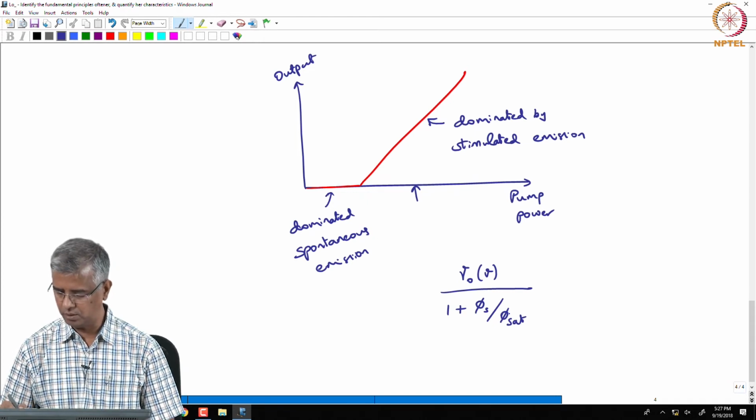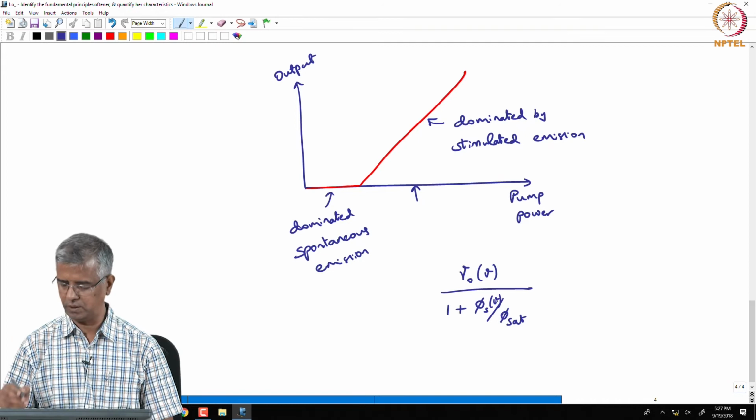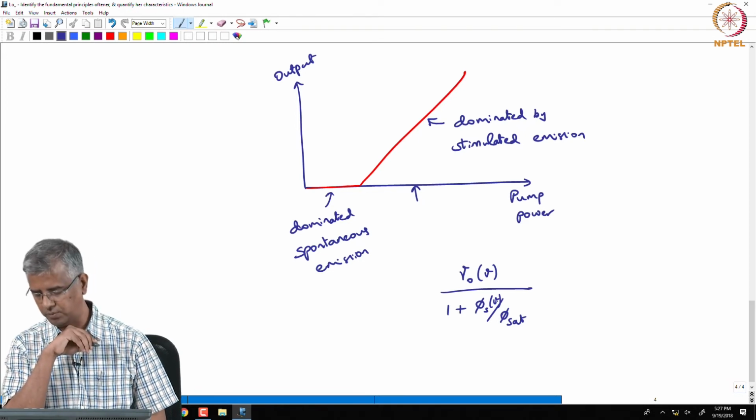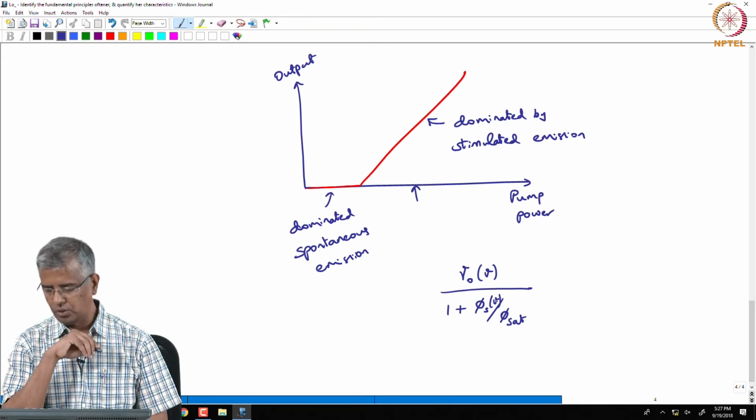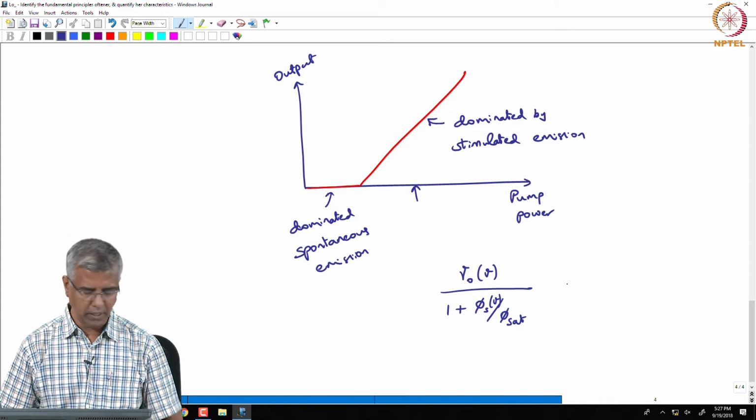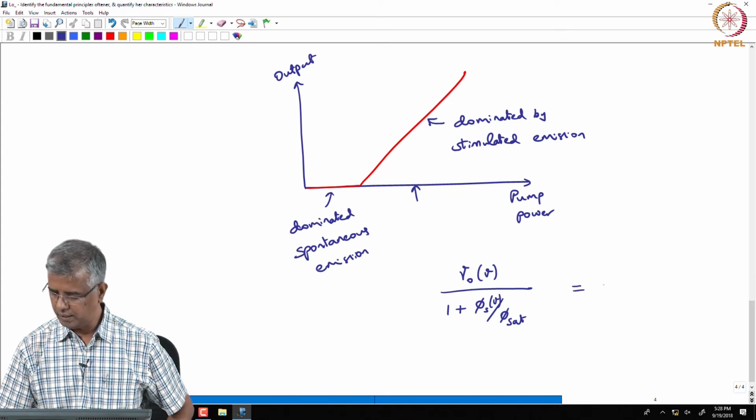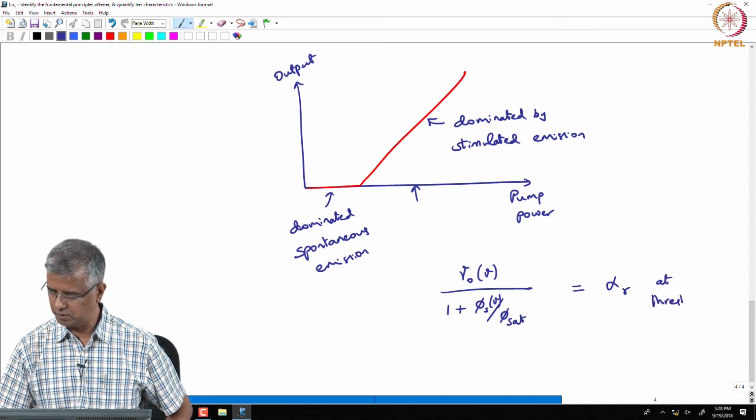The signal flux is actually a function of frequency as well, right. So, this has got to be equal to alpha r at threshold.